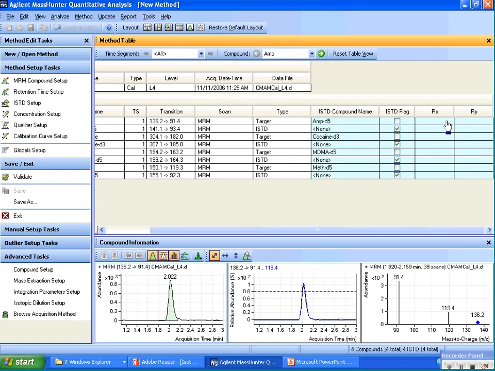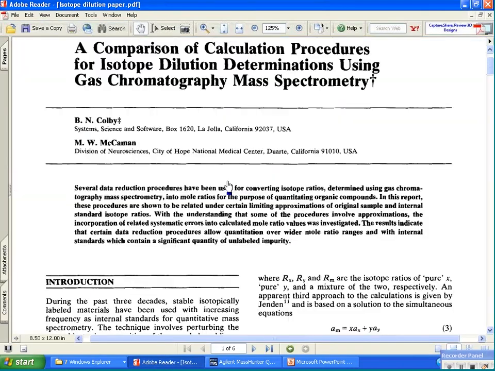Now, you will, I think, ask what are Rx and Ry, and I will refer you to an article written by Colby, and these are called Colby constants, which describe the relationships between the isotopes and the isotope dilution adjustment that happens to take care of naturally occurring isotopes in standards. So I invite you to read this paper to get a full understanding of the Colby constants, but it can come in useful.